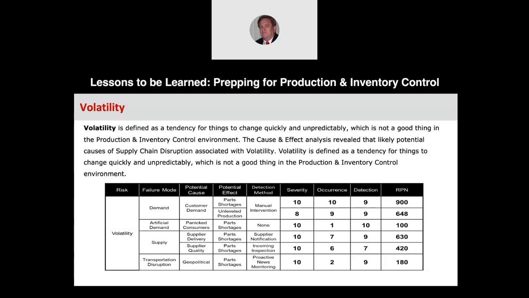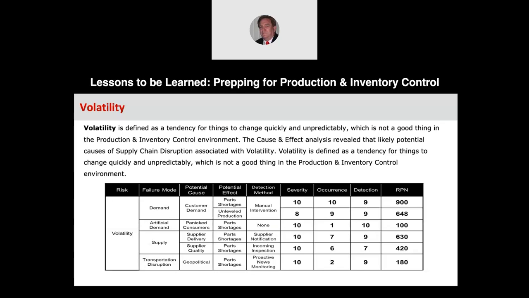Okay, volatility, artificial demand. This is what we saw in COVID-19 with consumers panicking and buying toilet tissue, so you create part shortages. The detection method you had for panic customers is basically 0. Severity when it happens is 10.